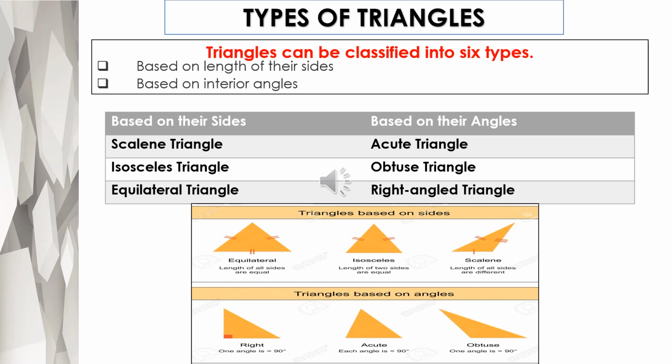And the ones based on their angles are acute triangle, obtuse triangle, and right-angled triangle. Okay? Now let us understand each one better.